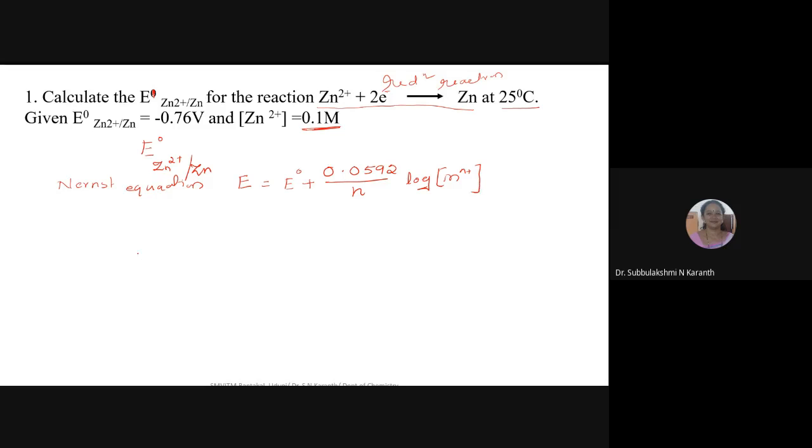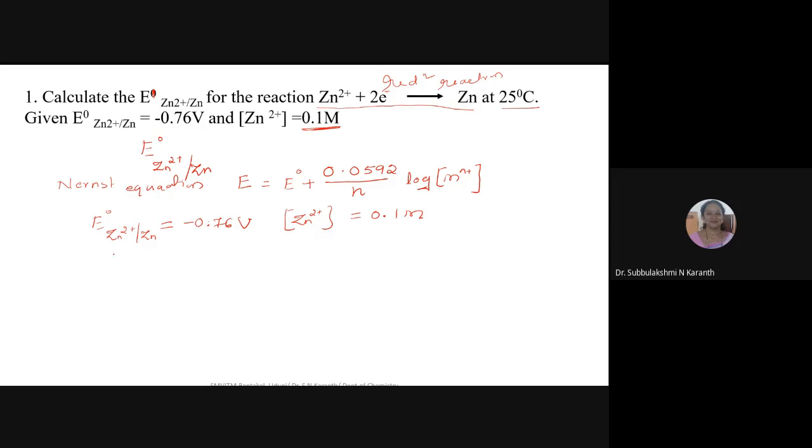Now E naught Zn2+ | Zn is given, equal to minus 0.76 volt. Then Zn2+ concentration is given, that is 0.1 M.